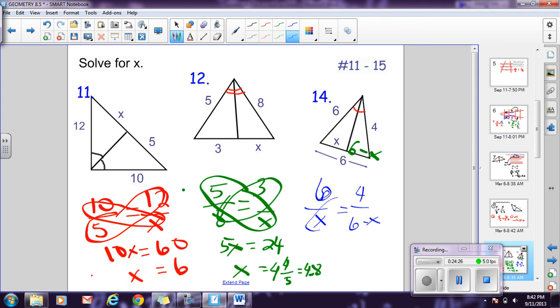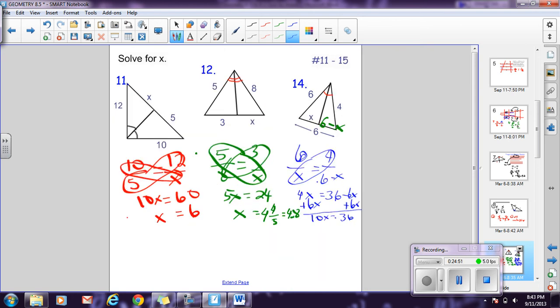So this is pretty simple here, 4 times x. 4x equals, I'm going to distribute the 6 to the 6, which is 36, and I'm going to distribute the 6 to the negative x, which is negative 6x. I'm going to add 6x to each side. I get 10x equals 36, and I'm running out of room, so I'm going to extend that page.